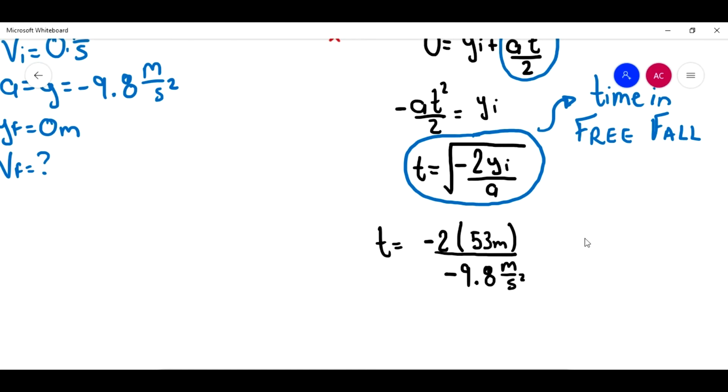And this will be inside of a square root. So meters goes with meters and the square goes with the square root.